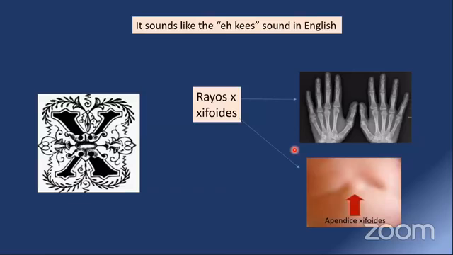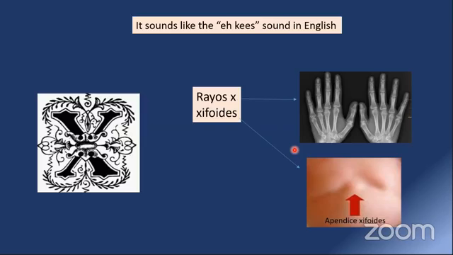Next one here. Letra X. Just two things. The X-ray. Rayos X. Mrs. So-and-so, you need rayos X de las manos. You need rayos X de la cadera. Remember, cadera was hips. You need rayos X de la columna. Remember columna? It was the spine.